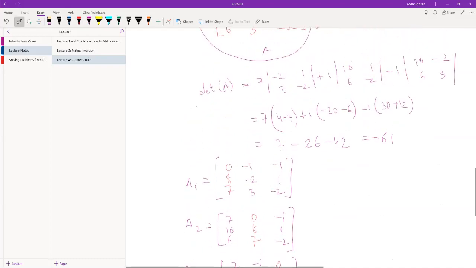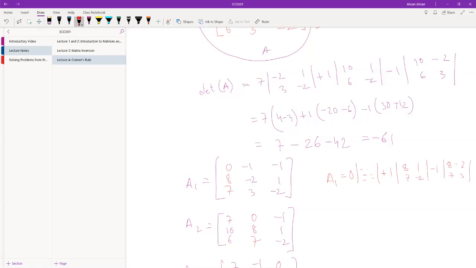Okay. And now we are going to calculate the determinant. So the determinant of A1 will be equal to, once again, I'm going with the first column, the first row. So we start with 0 times whatever is in here, minus minus, so plus 1 times the determinant of 8, 7, 1, minus 2, minus 1 times the determinant of 8, minus 2, 7.